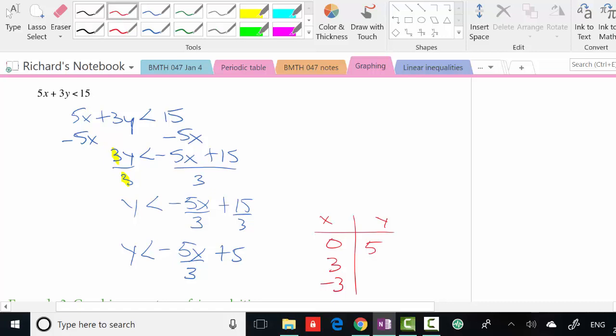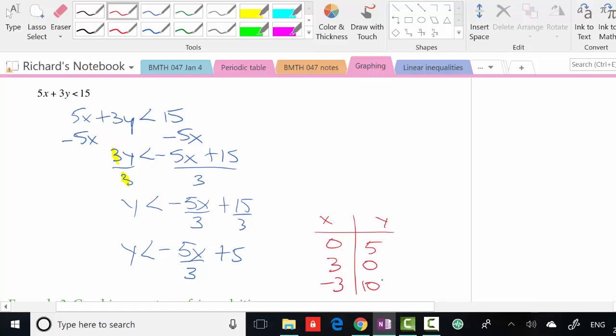Next, I'm going to go minus 5 times 3 is minus 15. Minus 15 divided by 3 is minus 5. Minus 5 plus 5 is 0. Finally, when x is minus 3, minus 5 times minus 3 is plus 15. Plus 15 divided by 3 is 5. 5 plus 5 is 10.